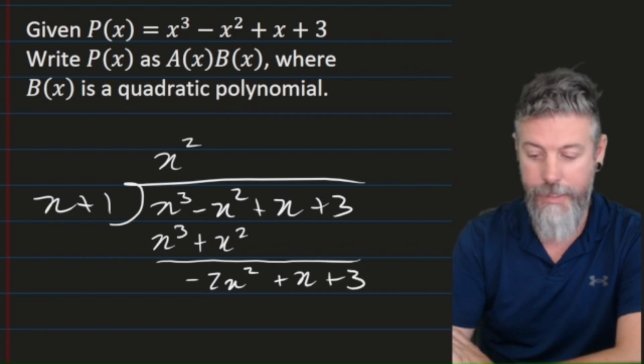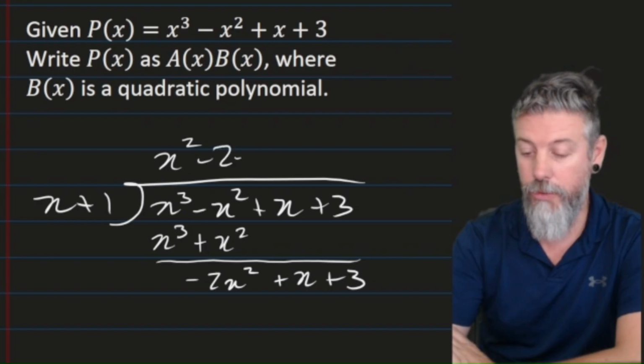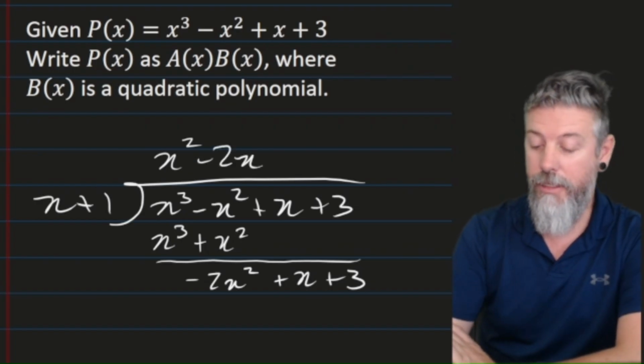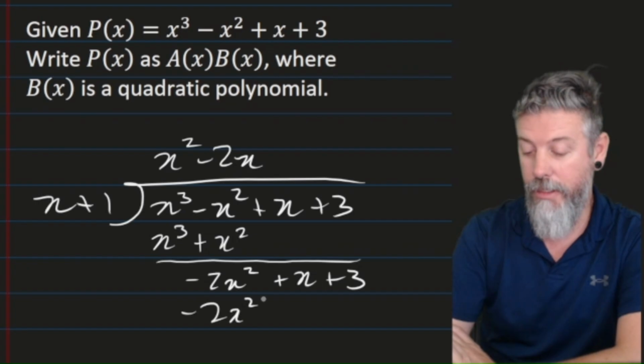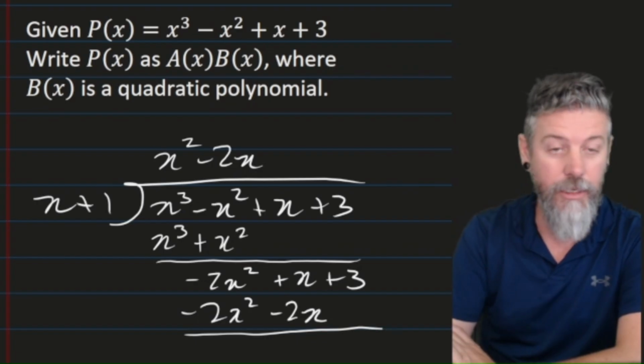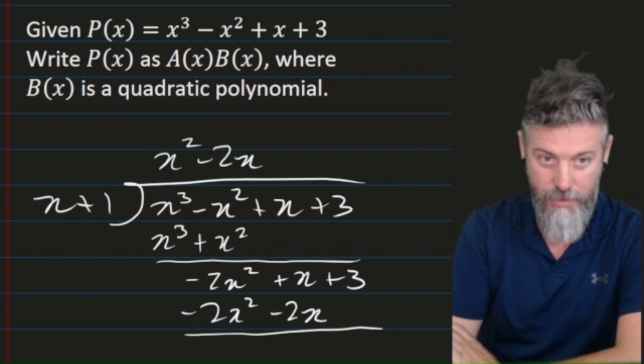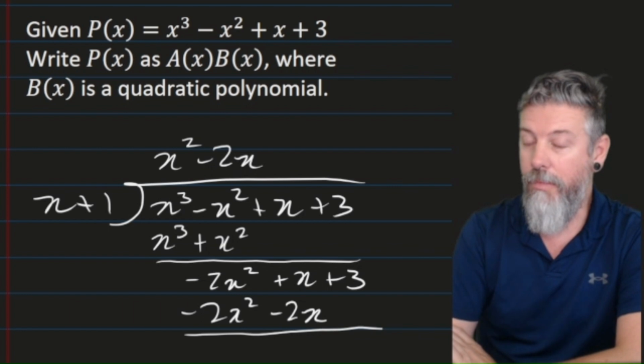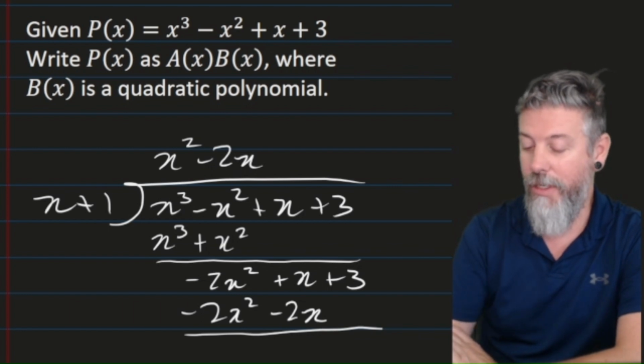We then put x in again and we get negative 2x. Negative 2x times x is negative 2x squared. Negative 2x times 1 is negative 2x. And we take away again, negative 2x squared minus negative 2x squared, nothing. That's minus negative, so you add it, that's why it's 0.